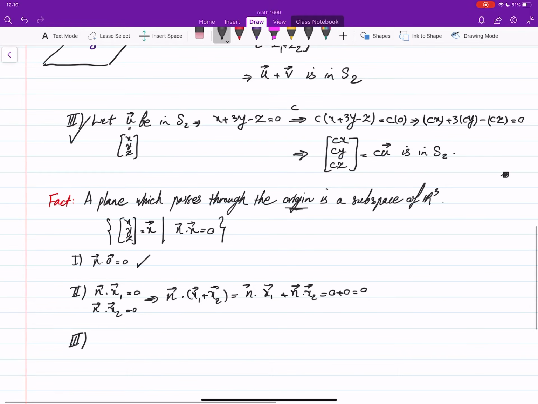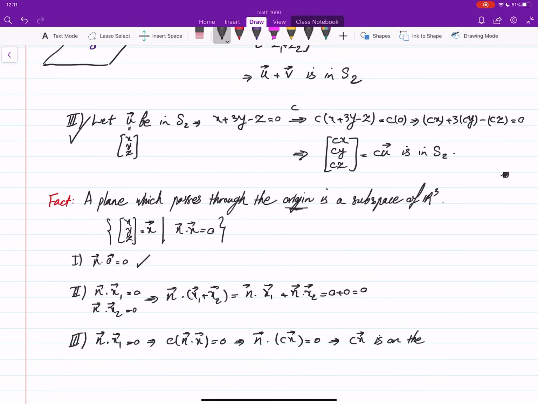And the third thing is that n dot x is 0. It implies that c times n dot x is equal to 0. And that means that n dot cx is equal to 0. That means that cx is on the plane.